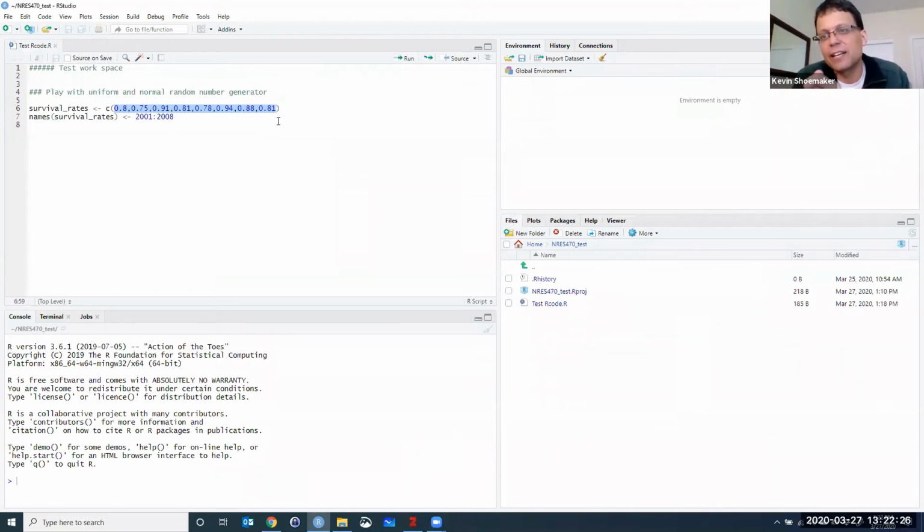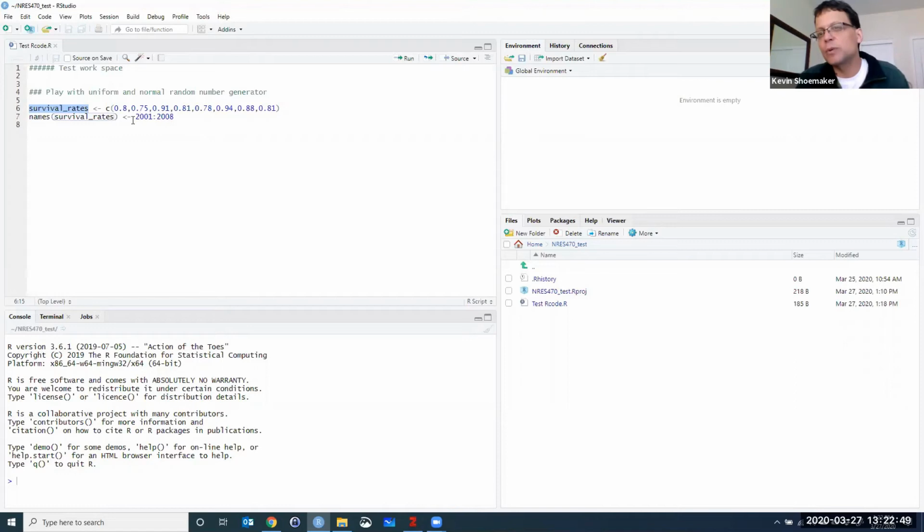And so here's an example where we have survival rates, and it could be birth rate, it could be hatchling survival, or any vital rate that we're interested in. But ideally we have data, and what I'm thinking about here is annual variability. That's often what we mean by environmental stochasticity: year-to-year variability.